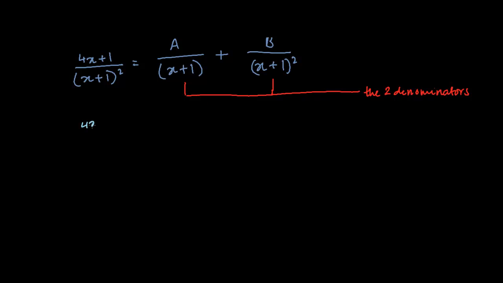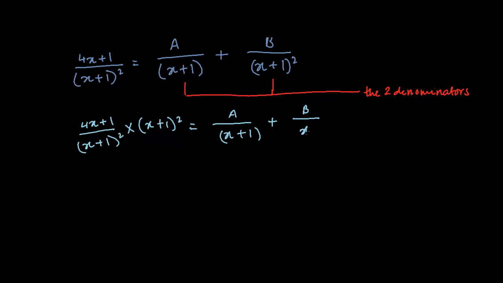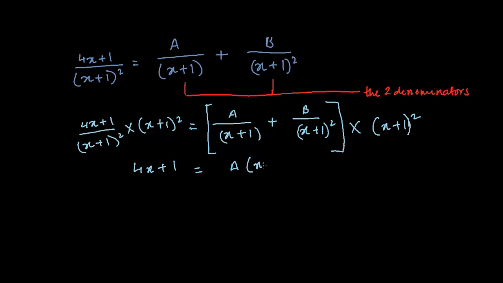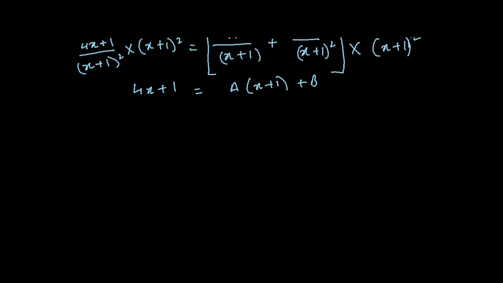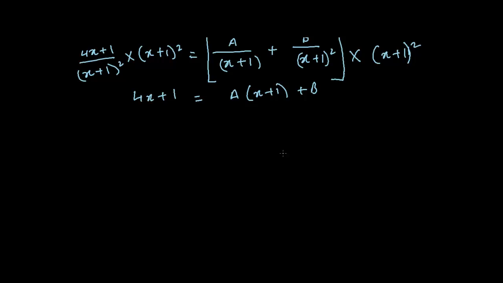So (4x plus 1) over (x plus 1) squared times (x plus 1) squared is equal to a over x plus 1 plus b over (x plus 1) squared, multiplied by (x plus 1) whole squared, and you are going to get 4x plus 1 is equal to a(x plus 1) plus b.